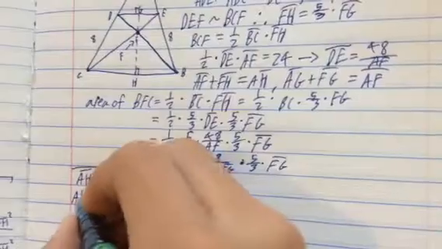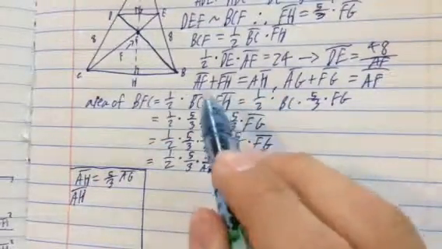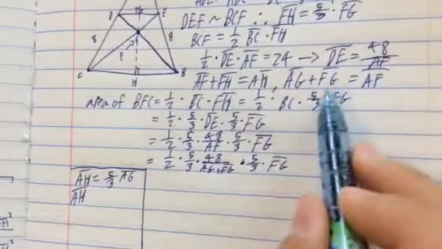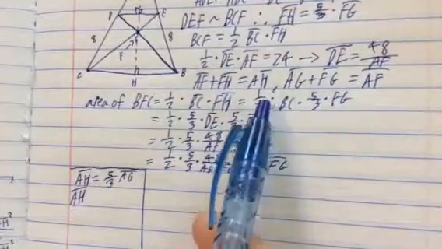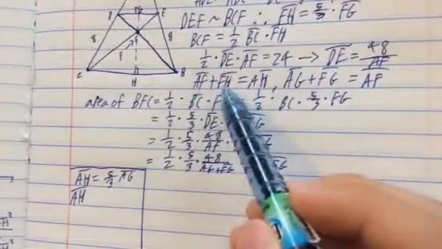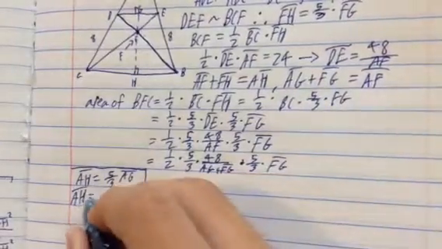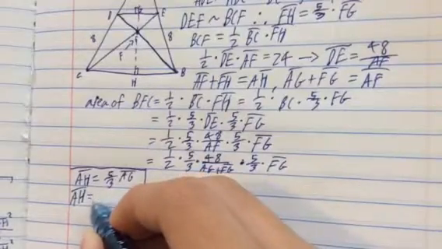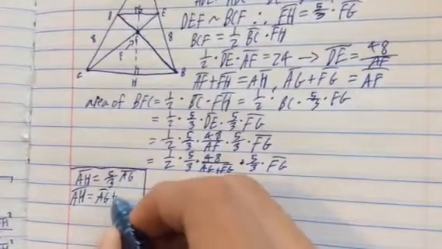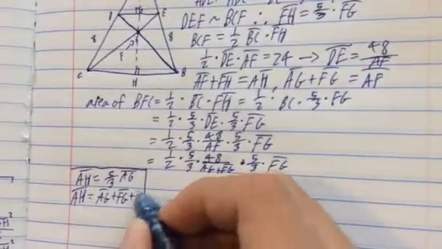Now, let's see if we can find another equation for AH. AH is also equal to AG plus FG plus FH. We get that by combining these two equations. We know that AH is equal to AF plus FH, and we plug in for AF being AG plus FG, and we get that AH is equal to AG plus FG plus FH.